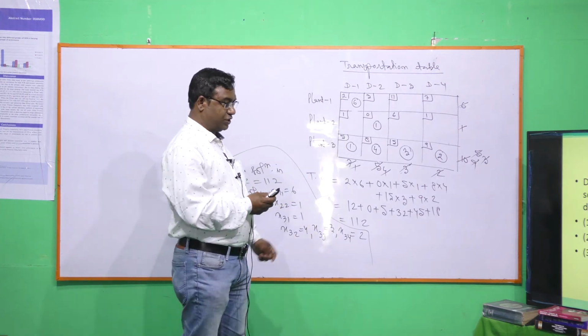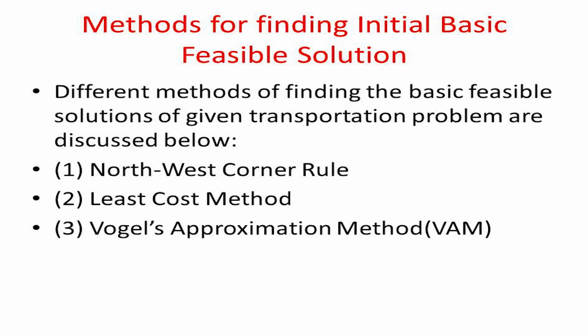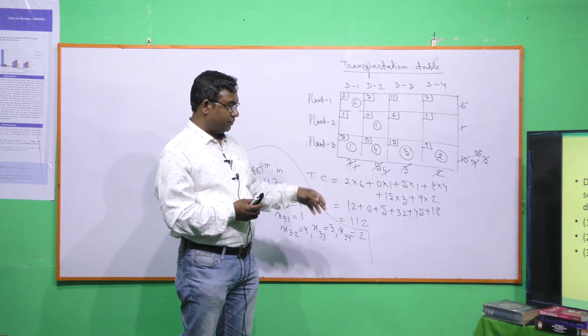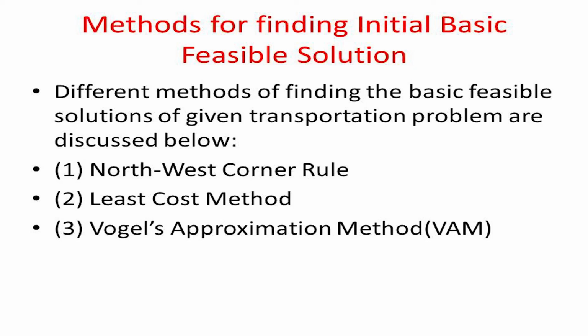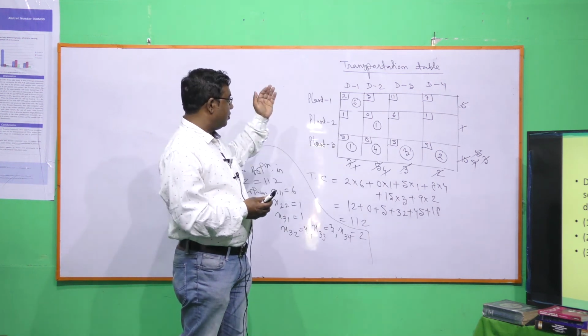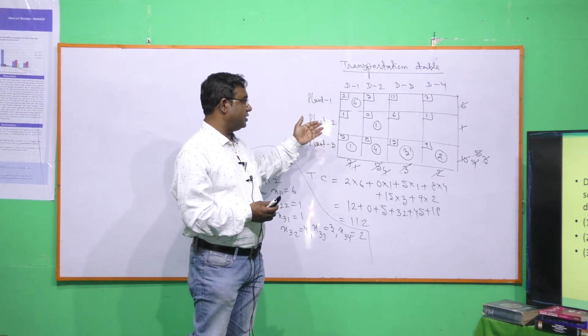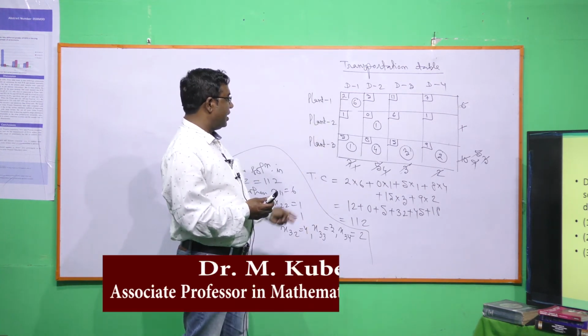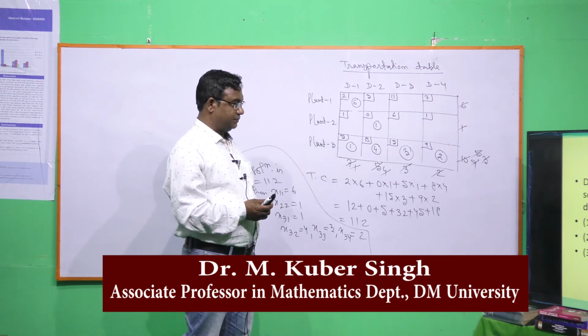The third one, Vogel's approximation method, is another method for finding the initial basic feasible solution of the given problem. So today let us stop here, and in the next class I will take up Vogel's approximation method. After that, we will apply optimality theory using the MODI method, sometimes called the UV method.